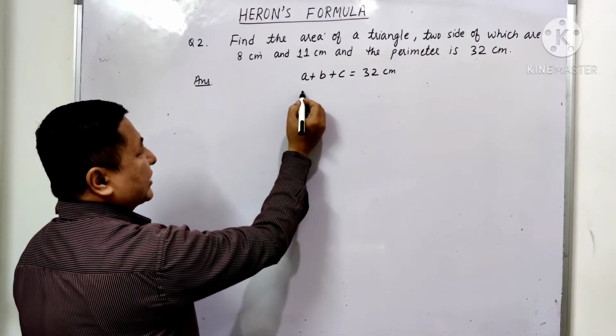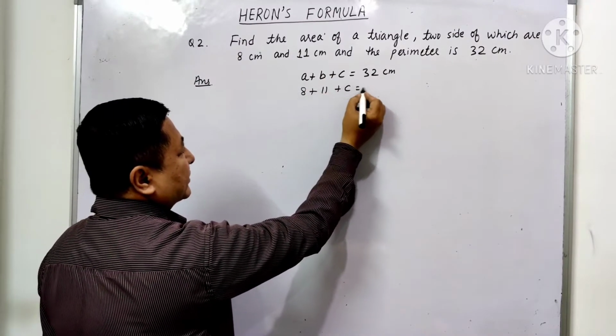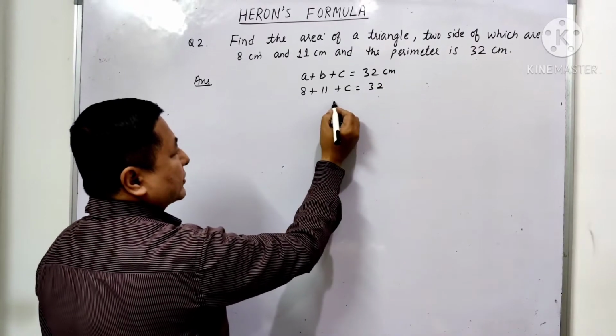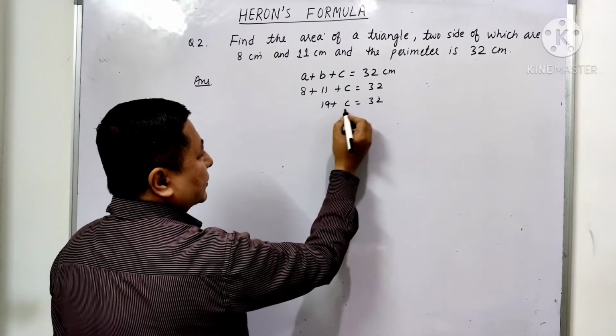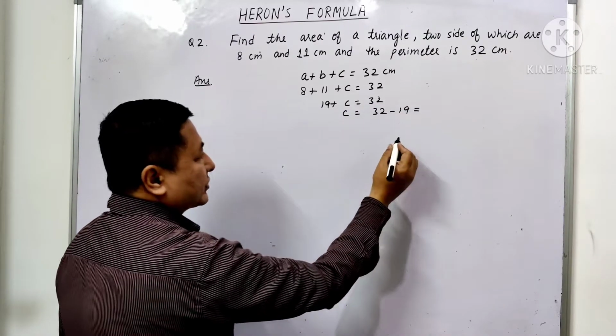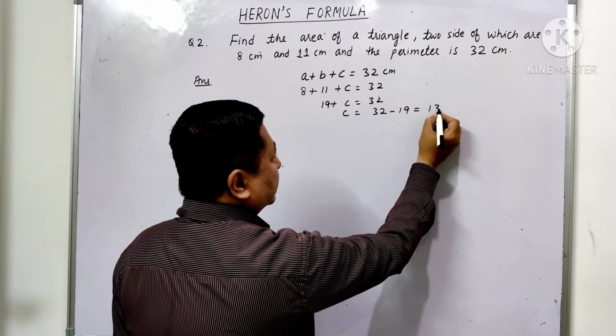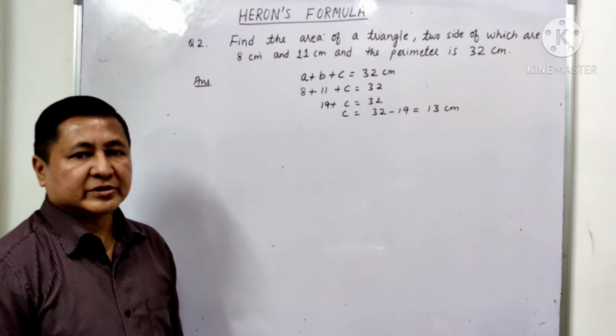Now the first side A is 8 cm, the second is 11 cm. We will find the third side. That will be 8 plus 11 is 19, plus C is equal to 32. So C will be equal to 32 minus 19, and that will be equal to 13 centimeter. So we got the third side, that is 13 centimeter.